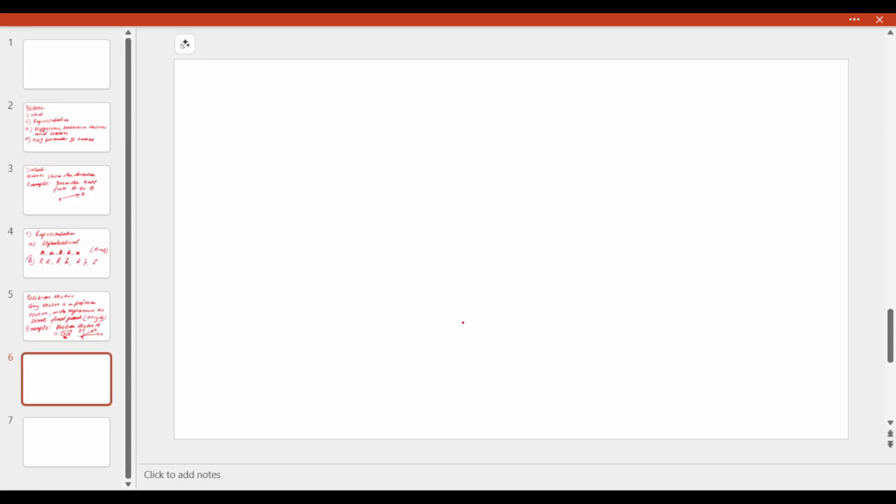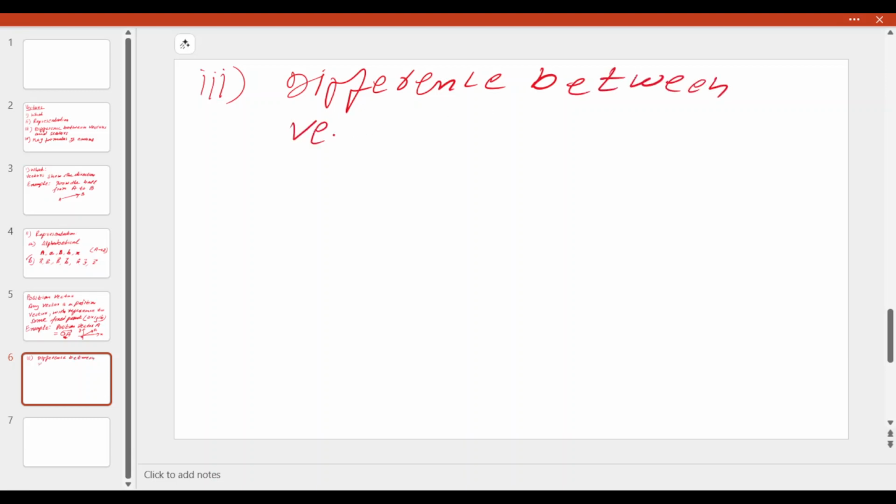And the next topic is difference between scalars and vectors. Yes, that is very simple.